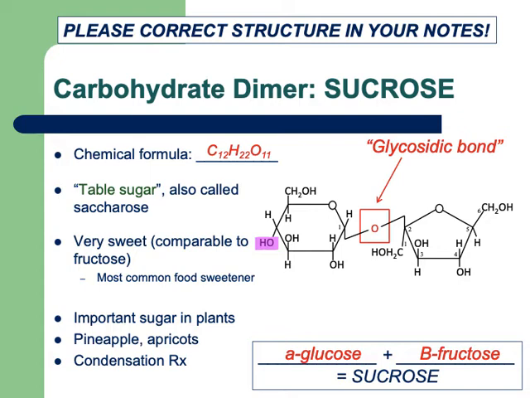So we know that this molecule is glucose bound to fructose to make sucrose. The chemical formula is C12H22O11, because we've added the two sugars together. The two sugars are formed through a condensation reaction where we are removing water and forming a glycosidic bond where they're sharing an oxygen molecule.